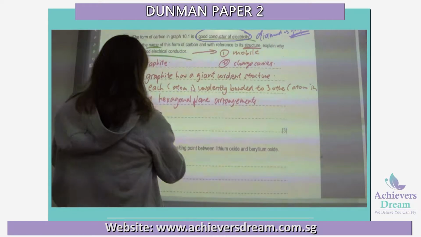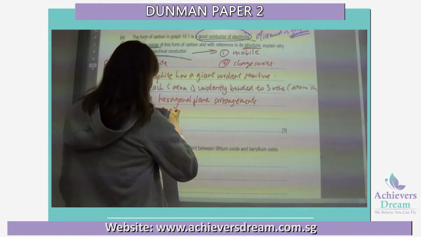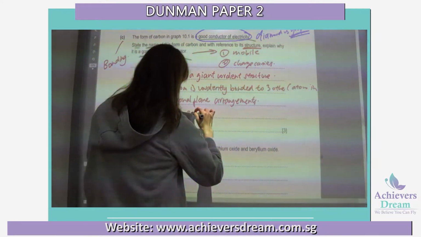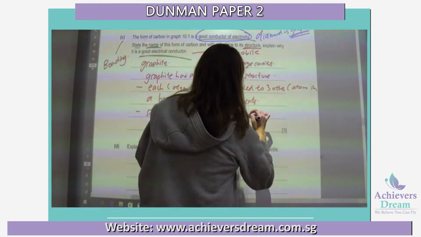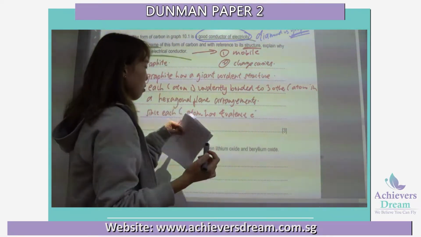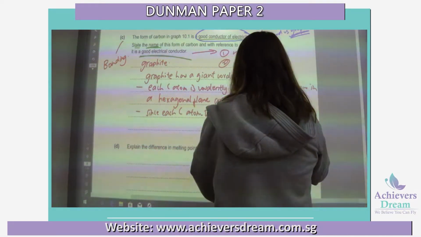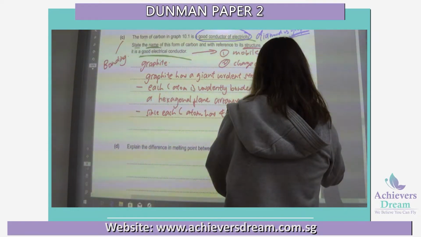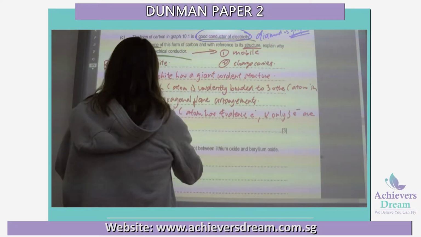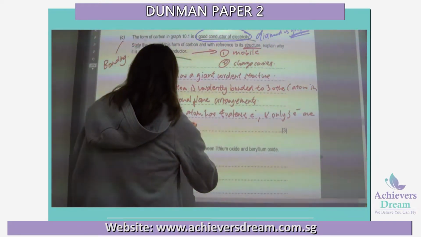Then since each carbon atom has 4 valence electrons, correct? Because carbon is in group 4, so it has 4 valence electrons, and only 3 of it are used for bonding.